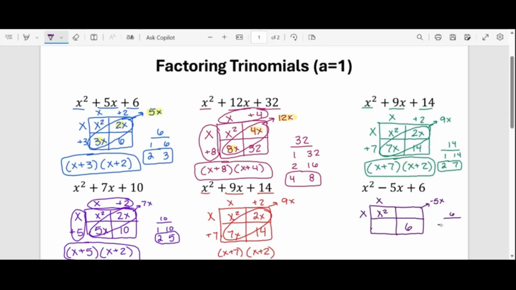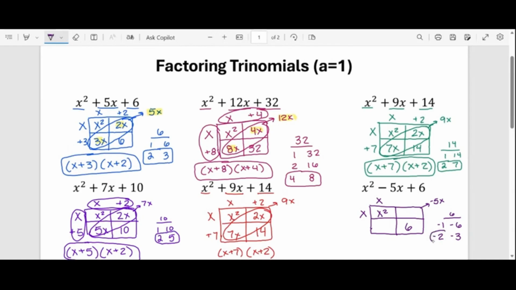We're going to have to do factors like this. Both of them are going to have to be negative. And we know our factors of 6, right? So it's 1 and 6 and 2 and 3. We have to figure out which one multiplies to 6 and adds to a negative 5.